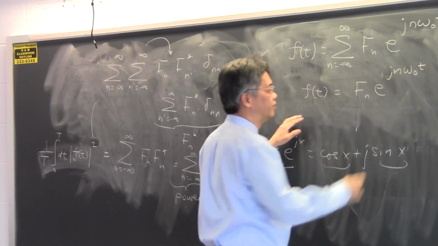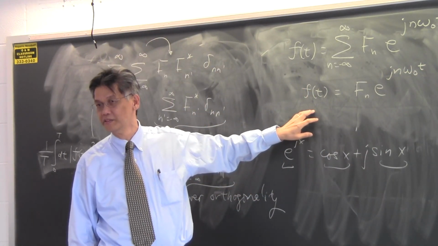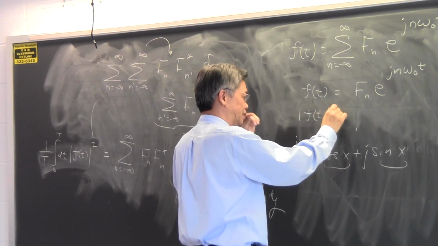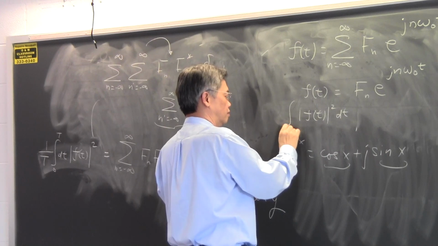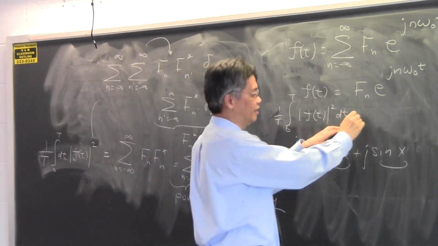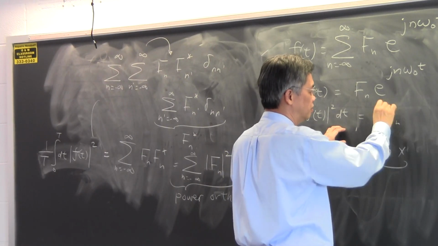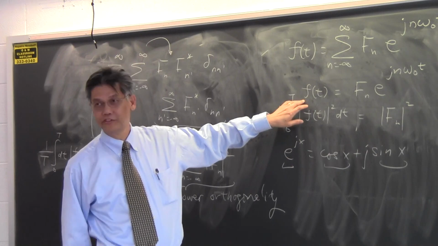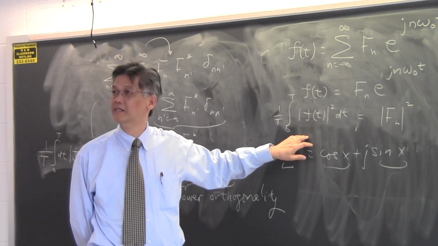If I have a signal with only one Fourier harmonic alone, what is the power is very simple. This is the power, and taking the right hand side is trivial. I just got that. If I have just one Fourier harmonic, this would be the power. Okay.